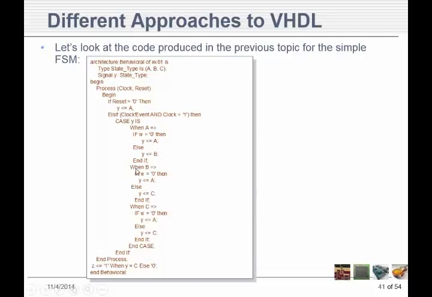Okay, and this, I guess, is associated with the Moore machine because it also has a state C here. But then when I'm in state B, if W was a 0, then I go back to state A, else I go to state C because it would have to be a 1. And then I end that if.